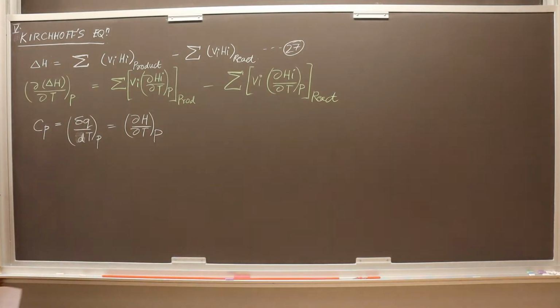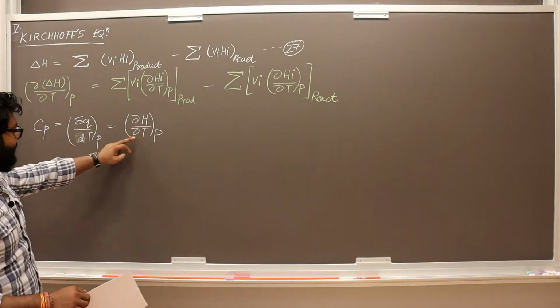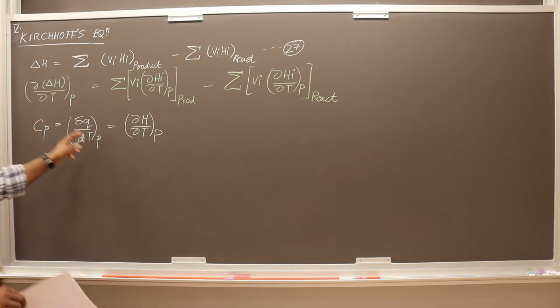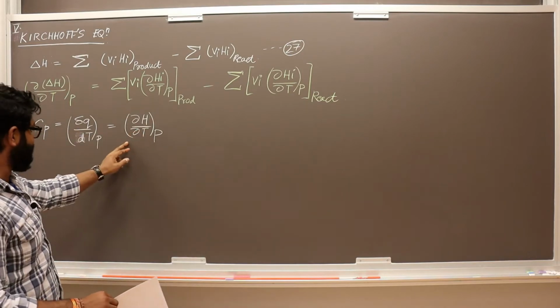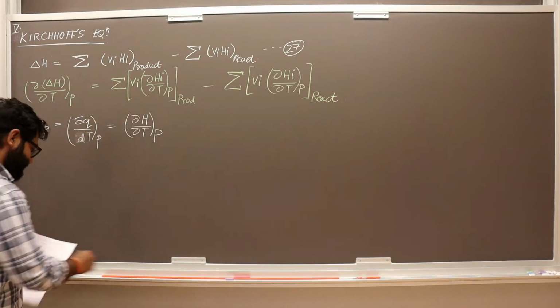Now, we know that del H by del T at constant pressure is Cp. So, we can use this equation here and simplify this.